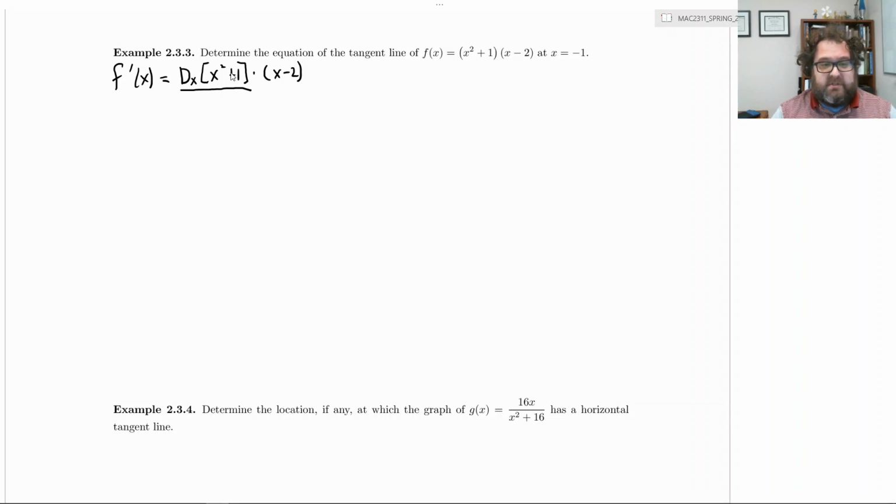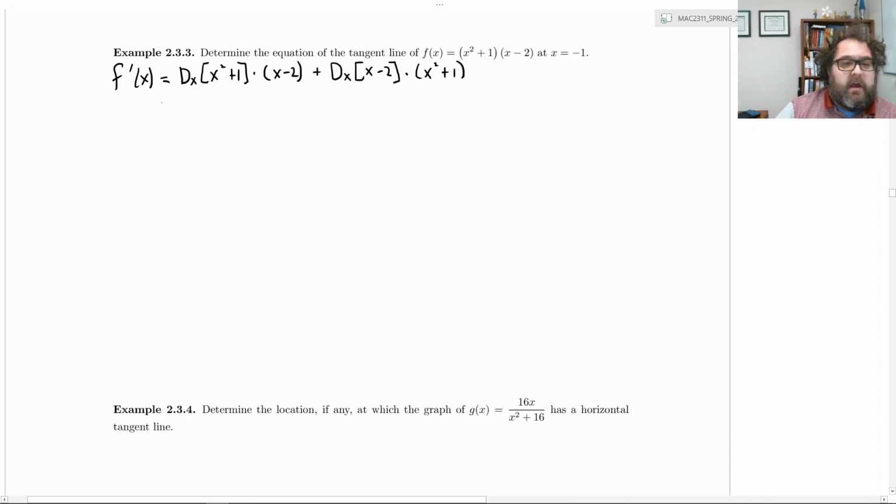So just make sure you're very intentional when you're writing out your steps here, because obviously parentheses, that's just the regular function. A D subscript x with the function in the brackets means we're going to differentiate that in the next step. So derivative of the first times the plain second function, plus derivative of the second function, x minus 2, times the plain first function, x squared plus 1.